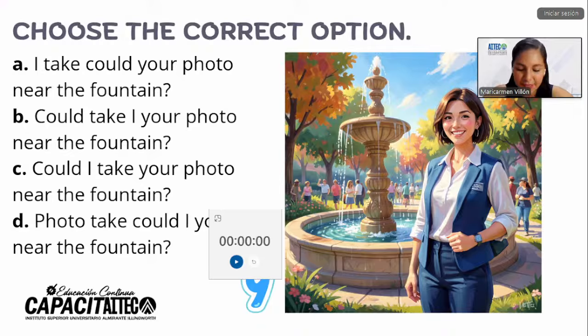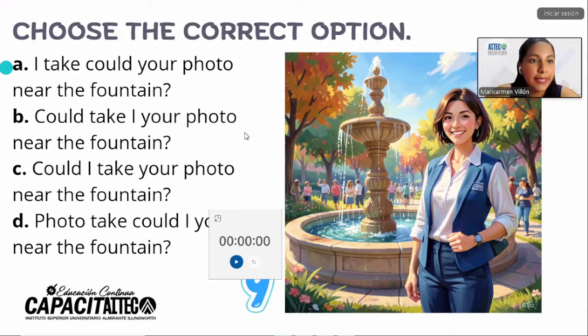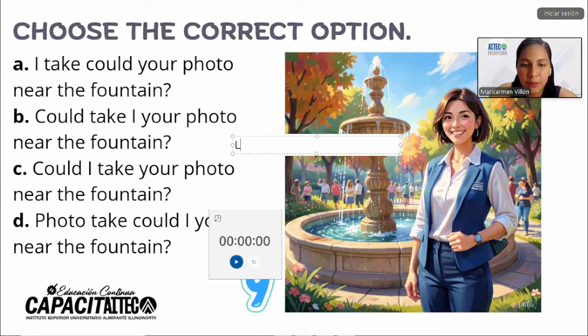What is the correct answer? What is it? A ver, dice. Me gusta esta pregunta. Lo que acabo de mencionar hace poquito. Yo dije lend, borrow. Lend es cuando yo doy, yo presto, ¿no?